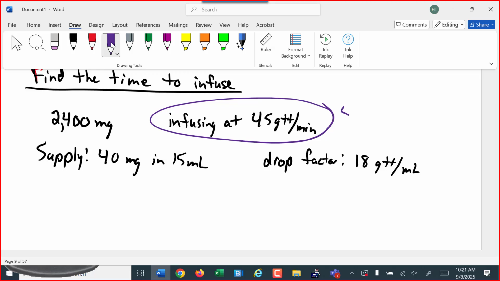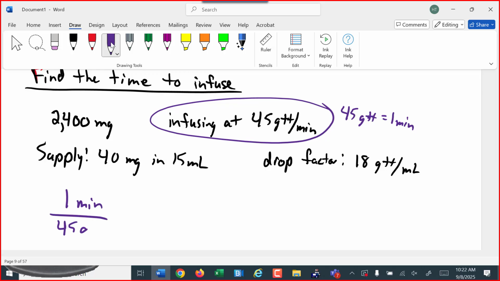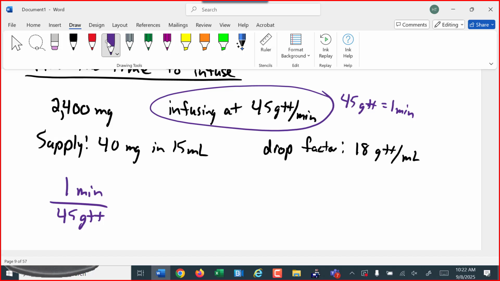This is saying that 45 drops is equivalent to 1 minute of flow. So it would make sense to put 1 minute on top and my 45 drops on bottom. I want to keep the minutes because I want time. I have to get rid of the drops somehow.